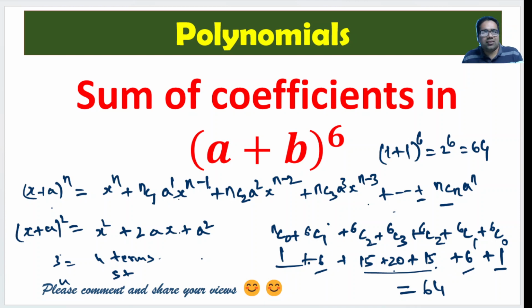Still, we should know how to expand a polynomial using the binomial theorem. But as a shortcut, whenever we want the sum of coefficients, just put 1 and 1, that's it. Because when they are ones, they don't add anything, the sum is only the sum of coefficients. Right, guys? Thank you.